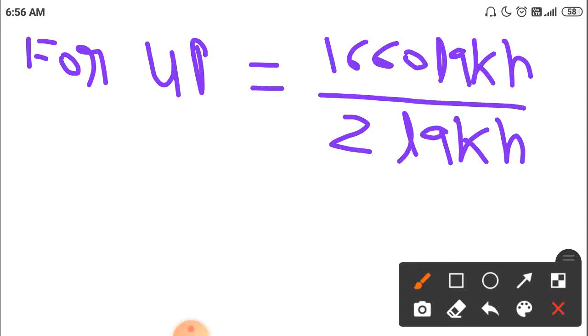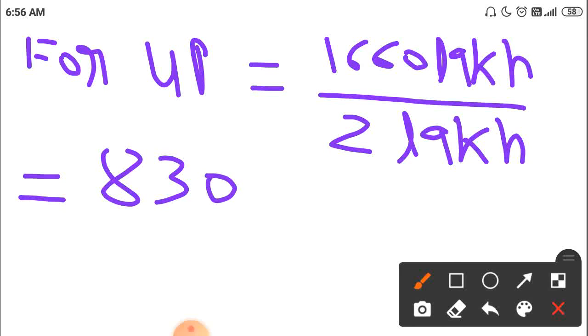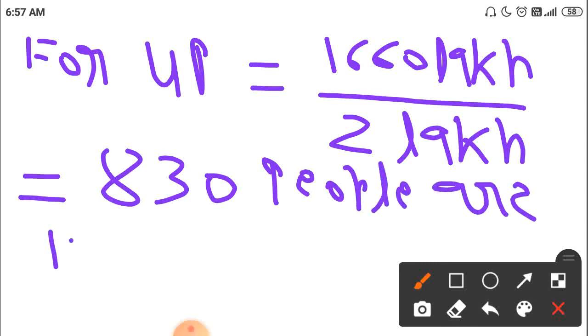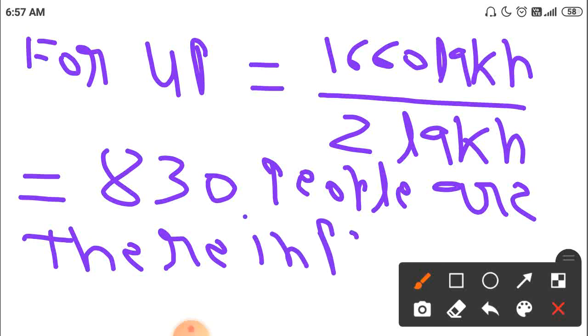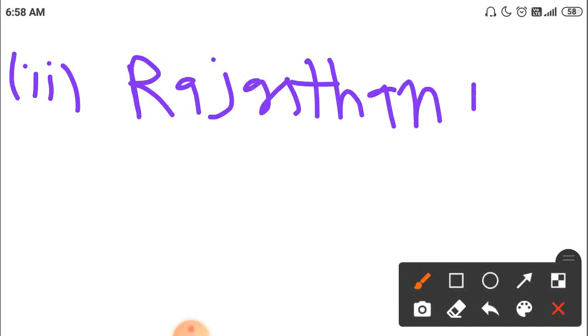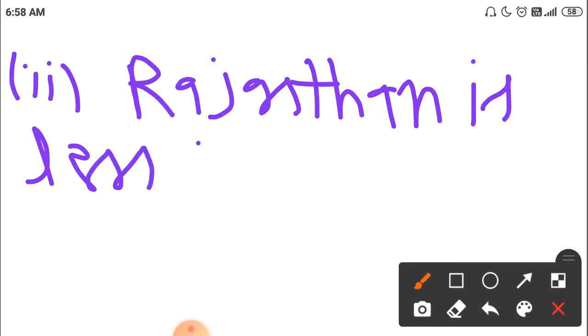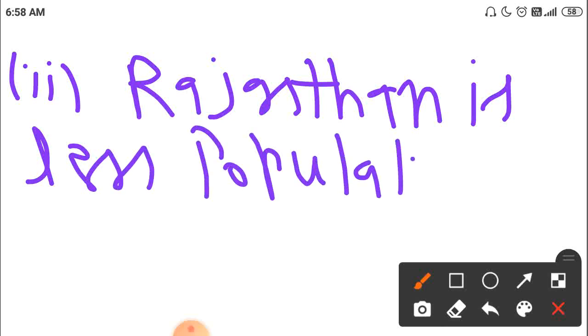So the solution is 830 people per square kilometer are there in UP. Rajasthan is the less populated state.